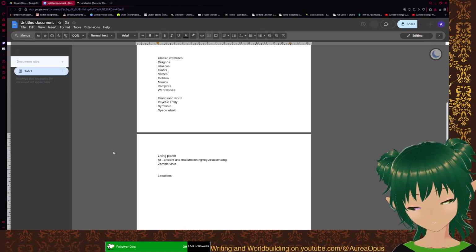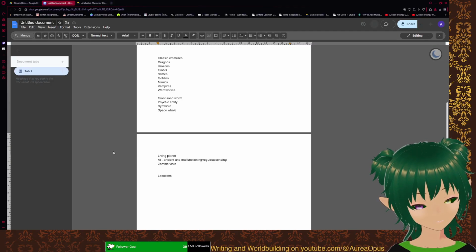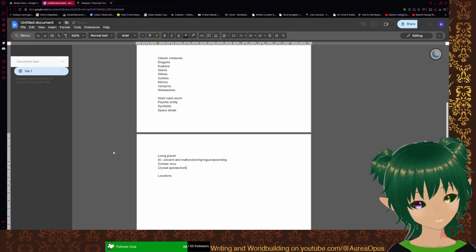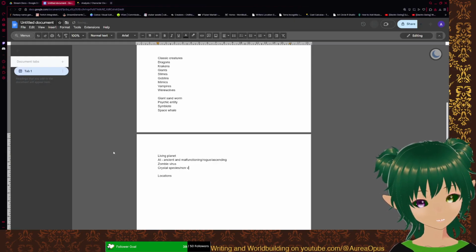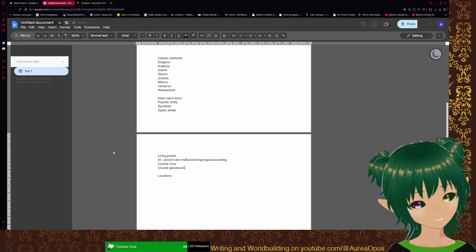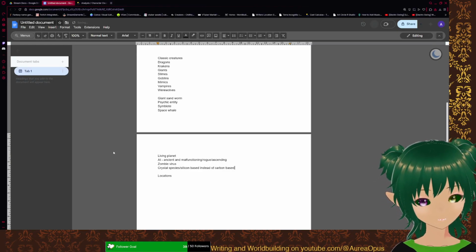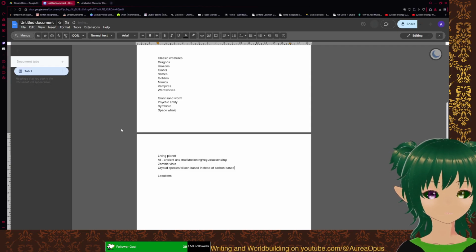We can maybe squeak in there the crystal species, you know, the silicon based instead of carbon based. They also make an appearance now and then.